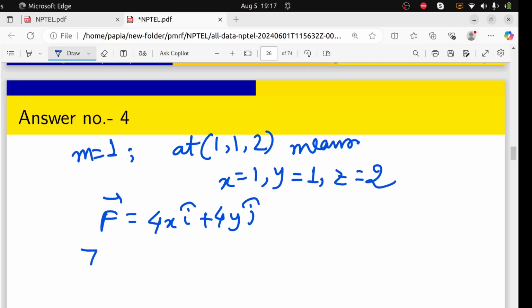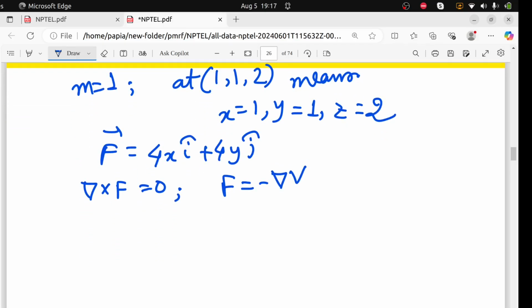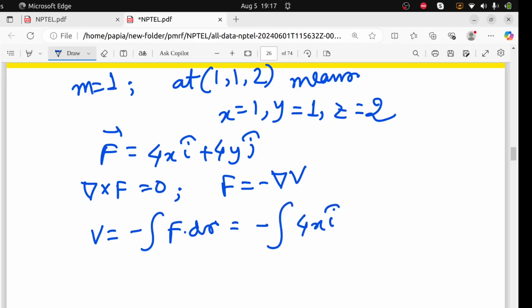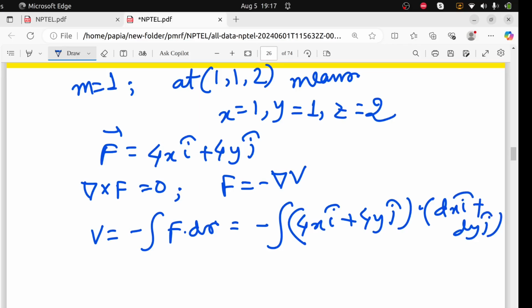Now we have already shown that curl of F equals 0. So if curl of F equals 0, then I can write F equals minus grad phi, or grad V. So I can write V equals minus integral of F dot dr. F is 4x i cap plus 4y j cap, dot dx i cap plus dy j cap.